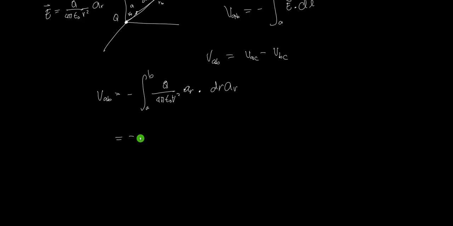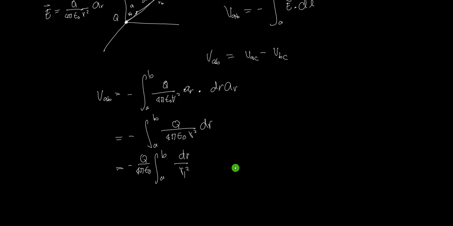This will now be equal to the integral from A to B of Q all over 4 pi epsilon naught R squared dR. And this part is constant, so we can pull it out: negative Q all over 4 pi epsilon naught, the integral from A to B of dR over R squared.